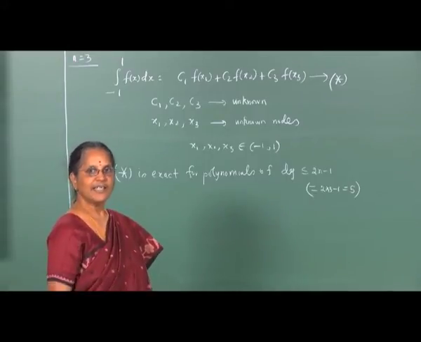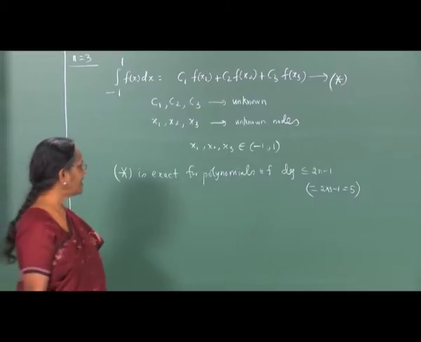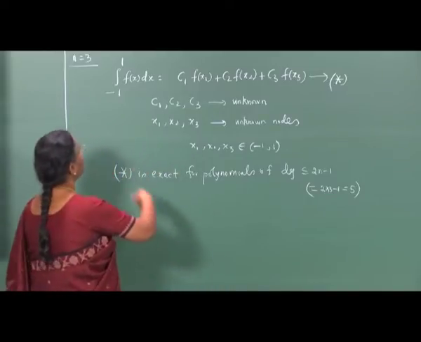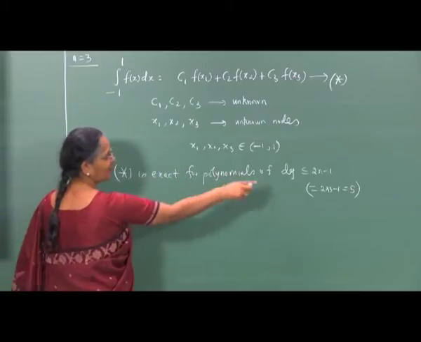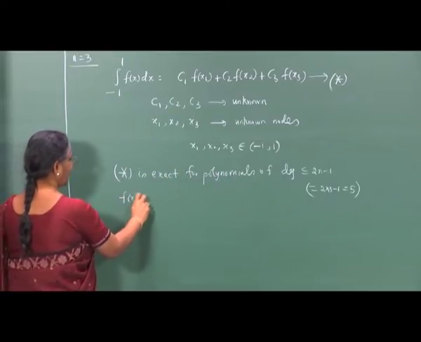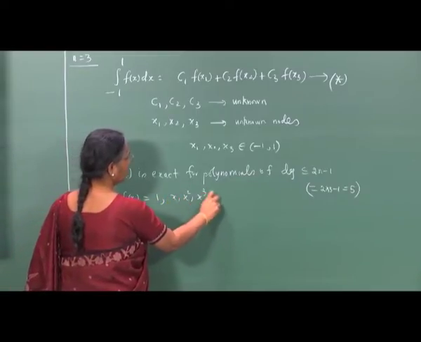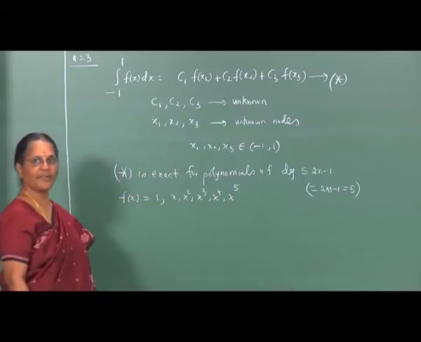In fact, the method that we will derive is going to be exact for polynomials of degree less than or equal to 5. So, the procedure is that we want it to be exact for polynomials of degree less than or equal to 5. So, let us take it to be 1, x, x square, x cubed, x to the power of 4 and x to the power of 5.